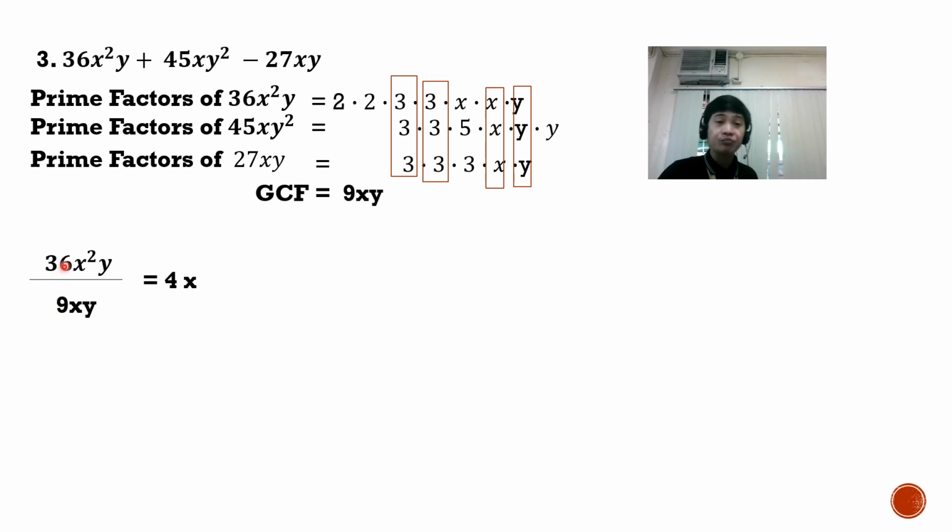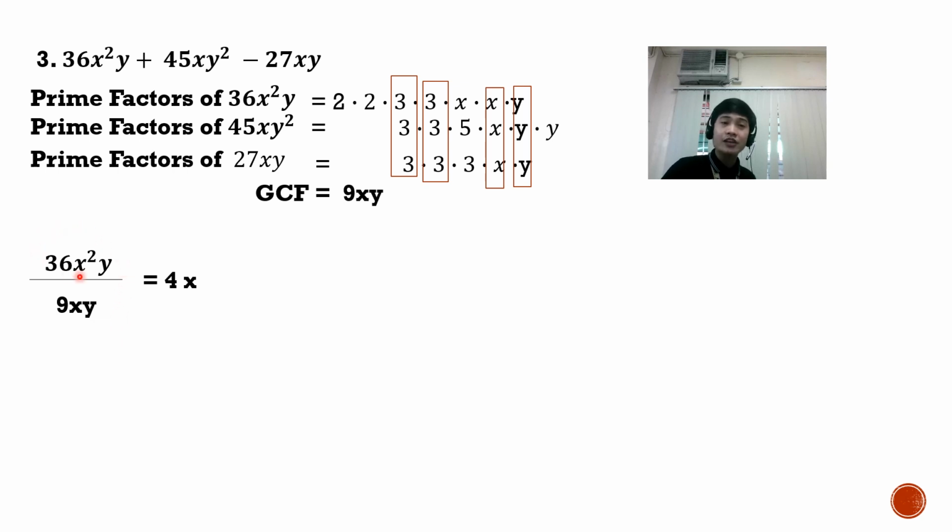Ulitin natin. 36 divided by 9, that will give us 4. X squared divided by x, just basically 2 minus 1. Kasi as we divide in the laws of exponents, same base pero magkaiba ng exponent, we tend to get the difference of the given exponents. So kaya may isa pa tayong x dito. Y divided by y, we cancel it. Kasi same term lang naman.